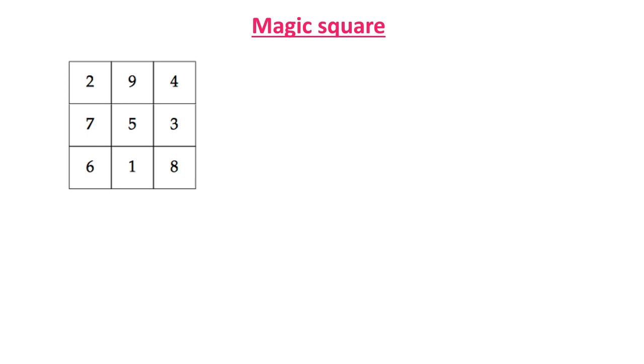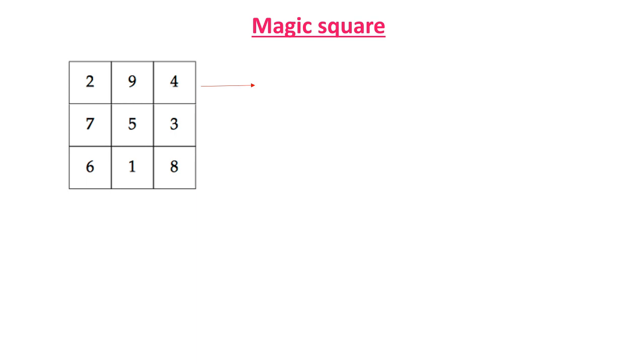Now can you see something common when you operate on these numbers, these rows, these columns or the diagonals? If you operate on these numbers, what can you find? Anything common? Just see the first row.